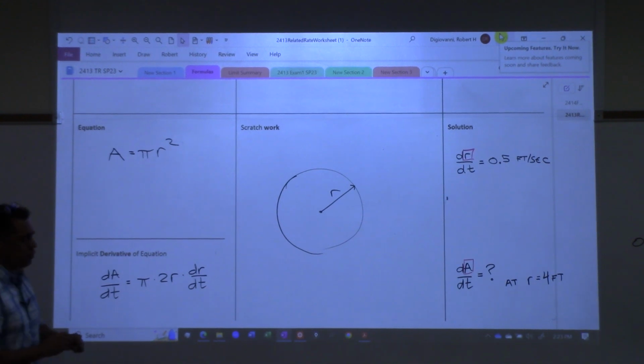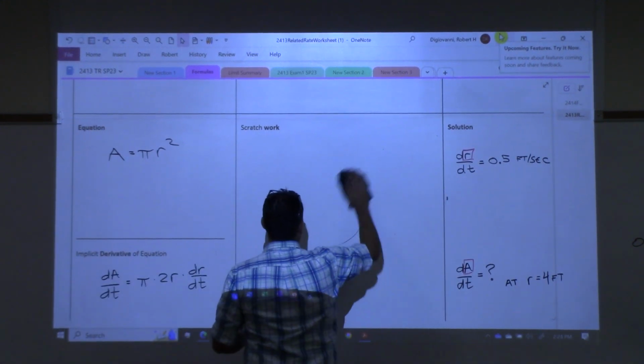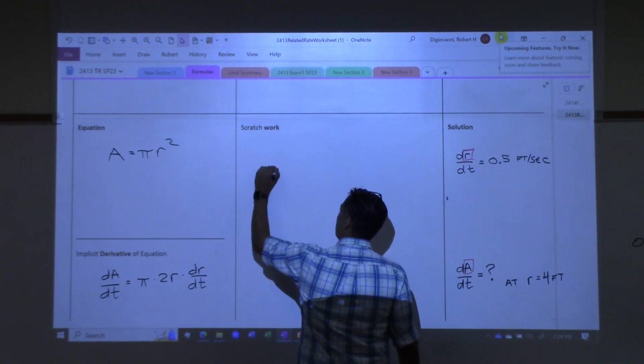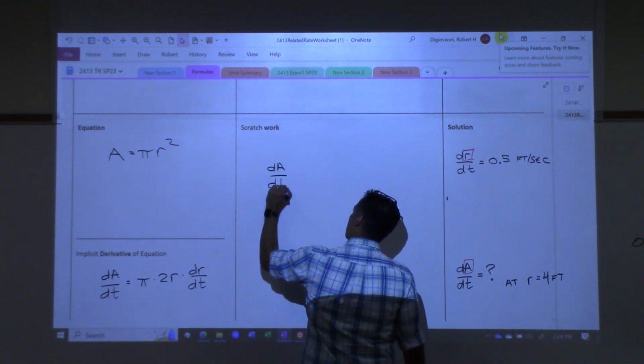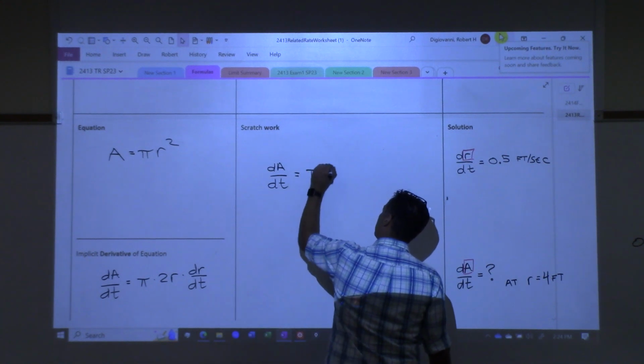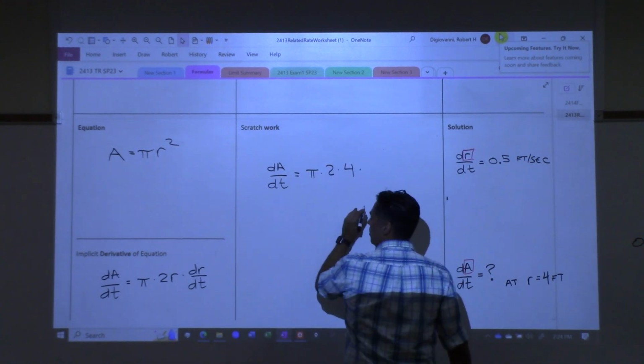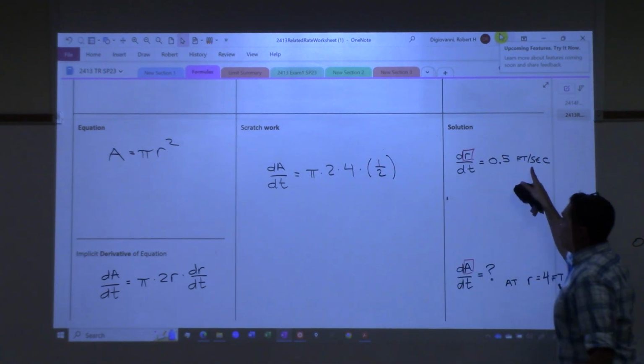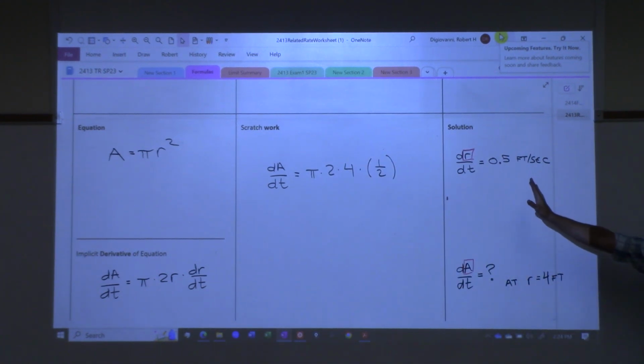So this is our scratch work section. Now I'm going to plug everything in. So dA/dt will be equal to pi times 2 times 4 times, I'm going to put a half. Is that all right? Instead of 0.5? Notice I'm not putting any of my units on there.